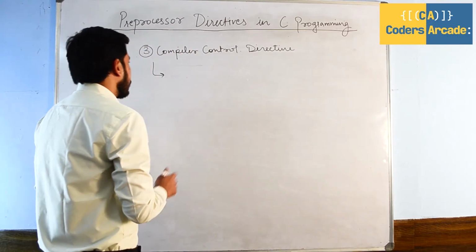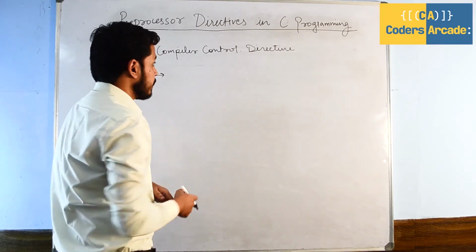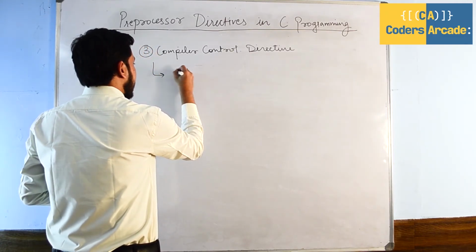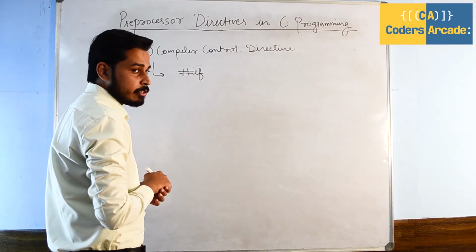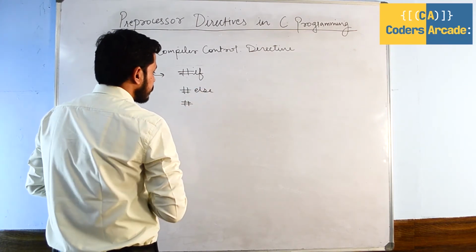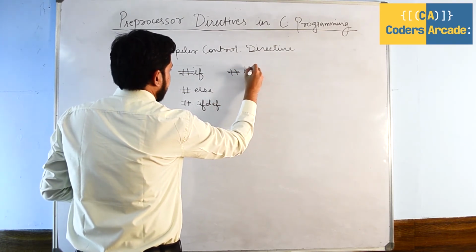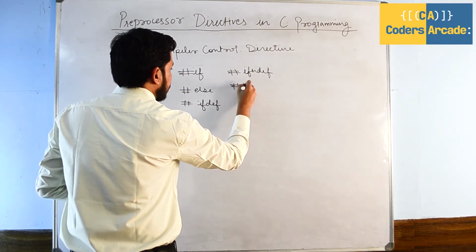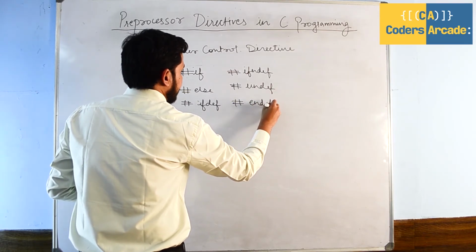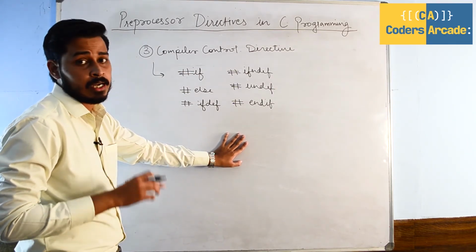So let us see the syntax for that. Or first let us see the directives which are used in this compiler control directive. Directives such as #if, all the conditional directives. So #if, #else, #ifdef, #ifndef, #undef, #endif, all these kinds of directives are included in this compiler control directive.